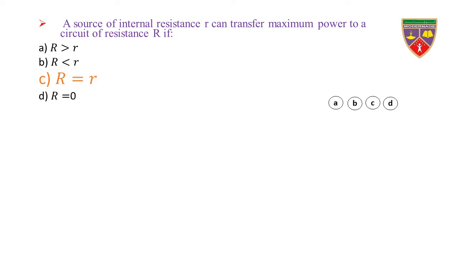The key is capital R is equal to small r, which means that the external resistance, the resistance of the circuit, should be equal to the internal resistance of the source. Hence, the correct option is C.